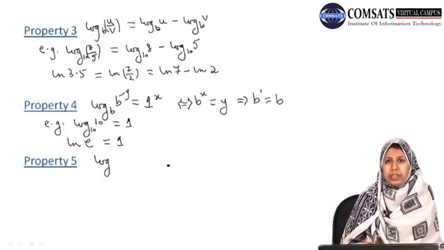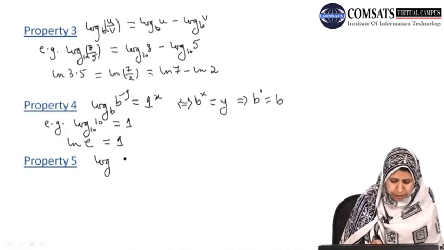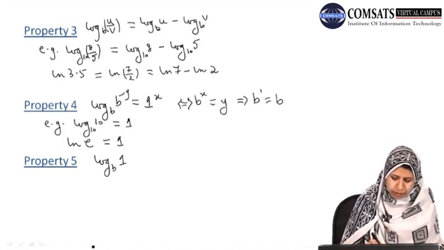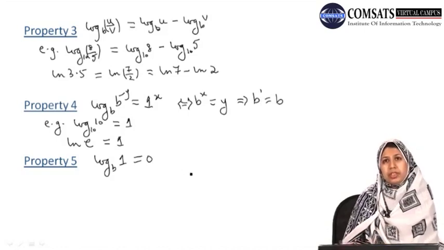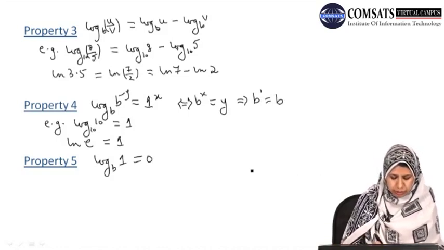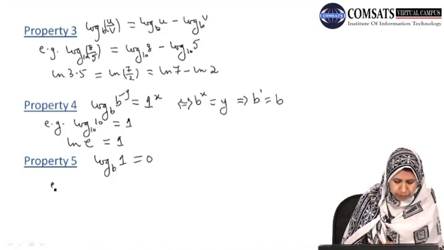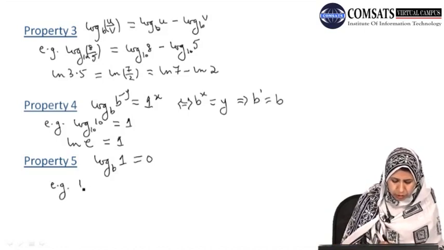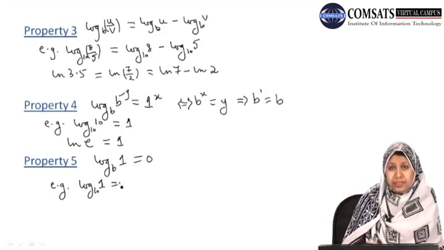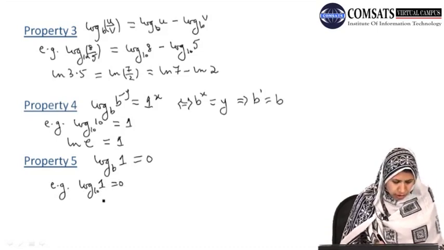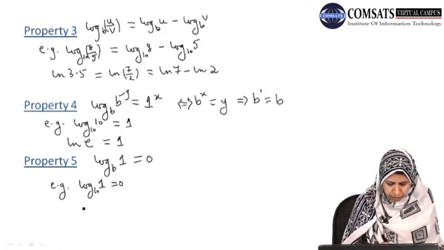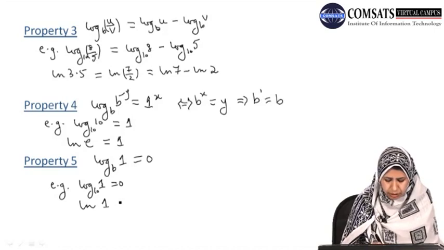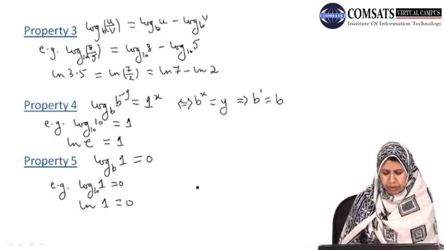There is one more interesting property, which we use many times, that log of the number 1 with any base is always equal to 0. For example, log of 1 to the base 10 is 0. Natural log of 1, to the base e, is 0.